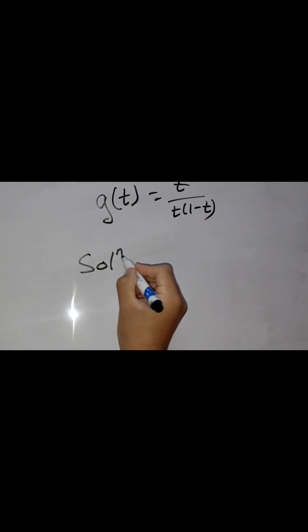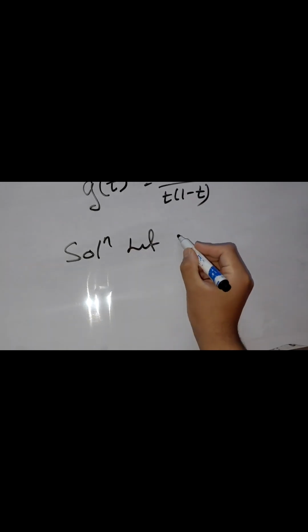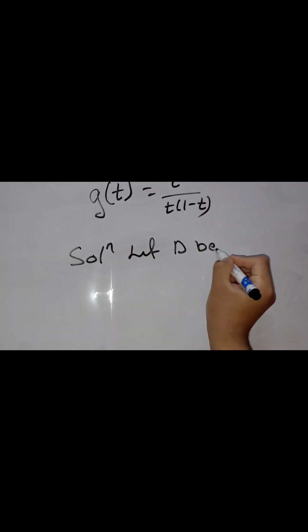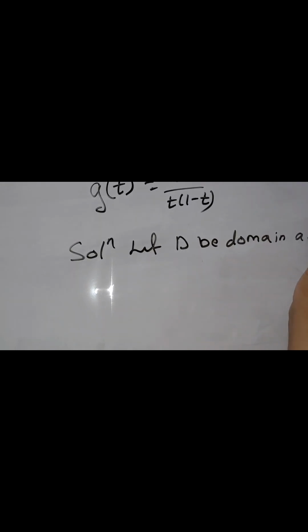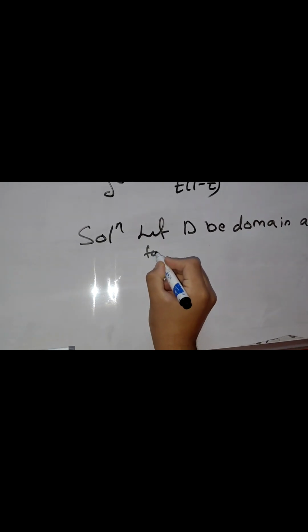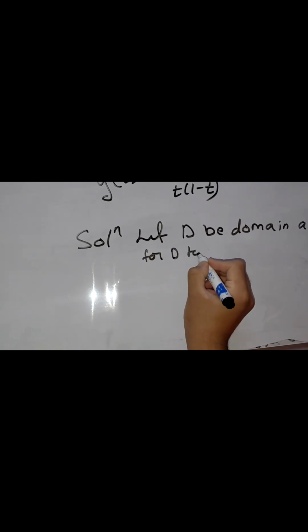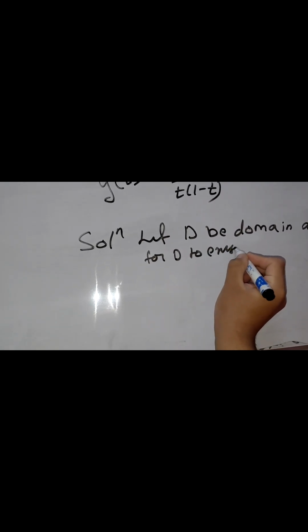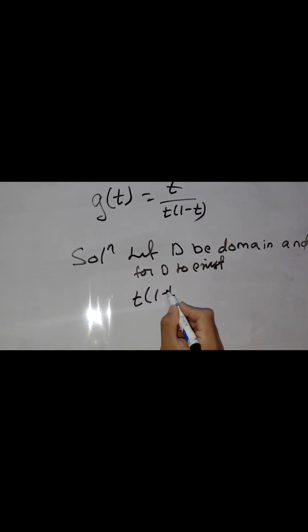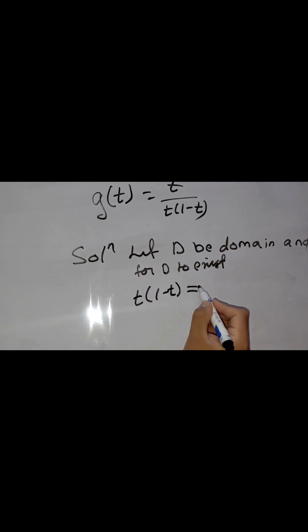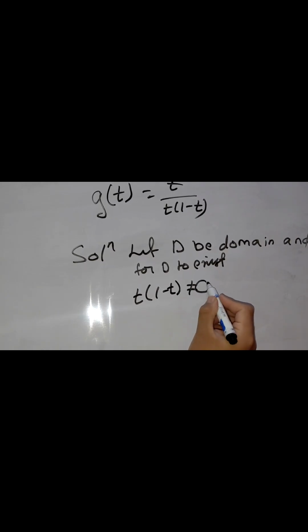So let's do it a bit more properly. Solution: let D be the domain, and for D to exist, t(1 minus t) should not equal 0.